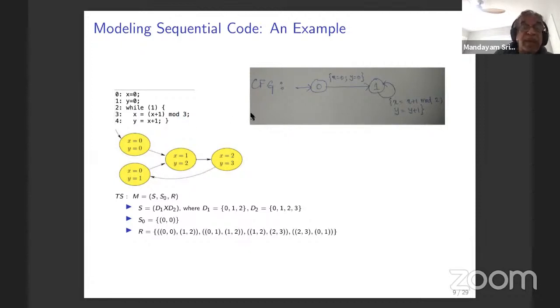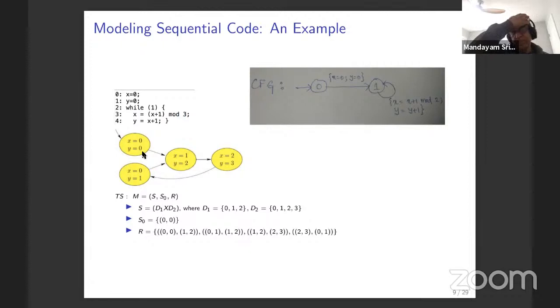So what could be a transition system corresponding to this program that is described at this level? So here your system variables, as you said, are the variables X and Y range over. Okay, so your initial state is the state where X is equal to 0 and Y is equal to 0.